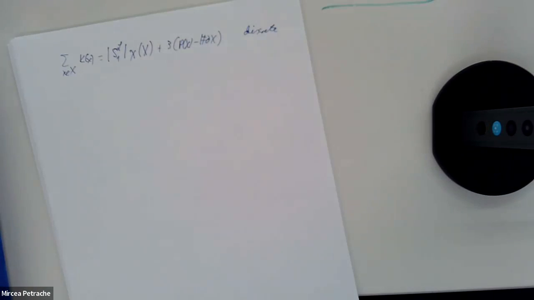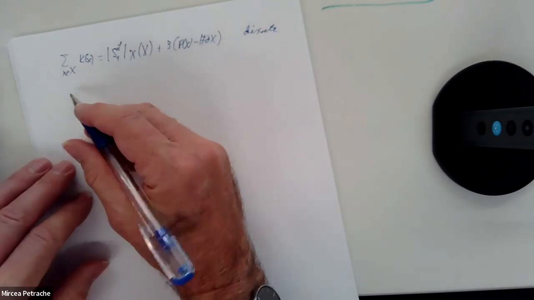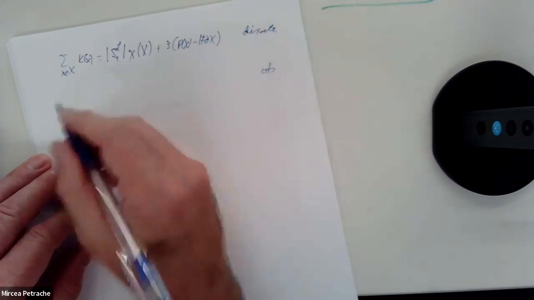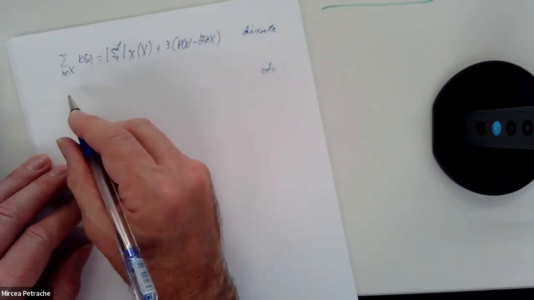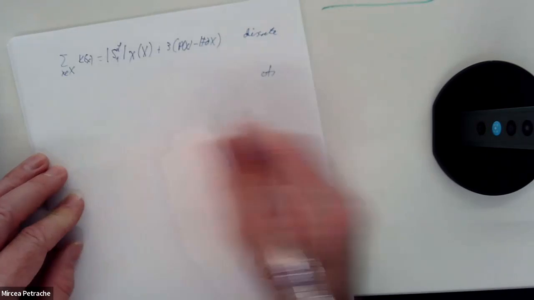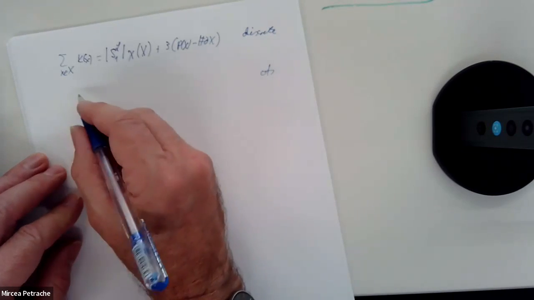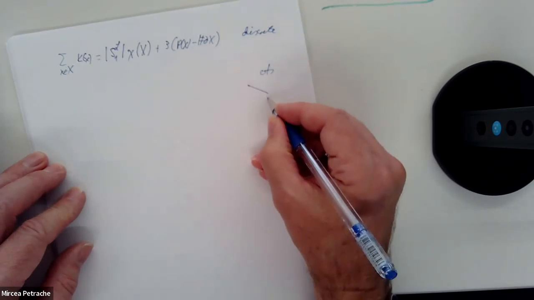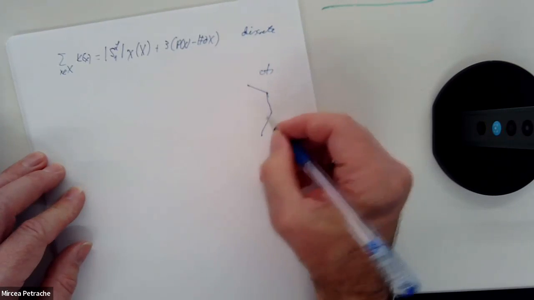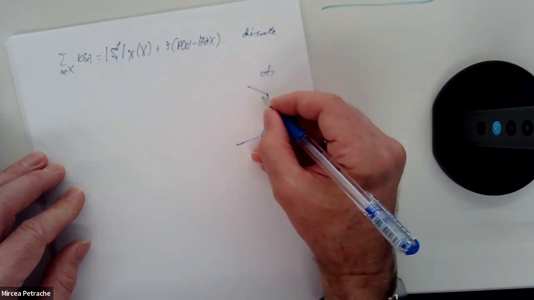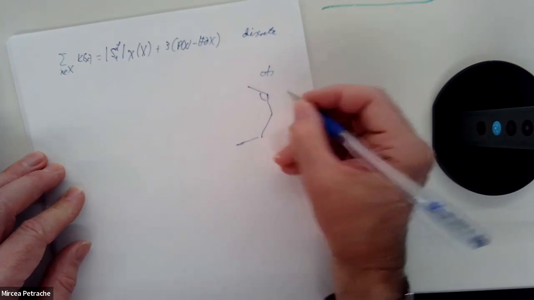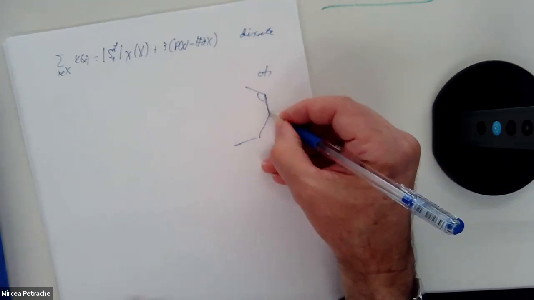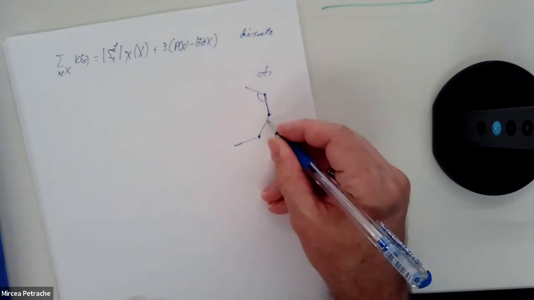Let's do at least the continuous thing in the plane. When you have a polygonal domain, let's say any sort of polygon, there is a way also of defining the boundary curvature.